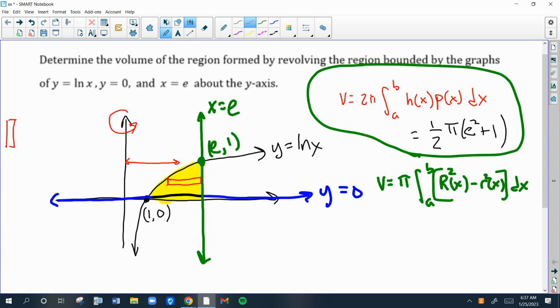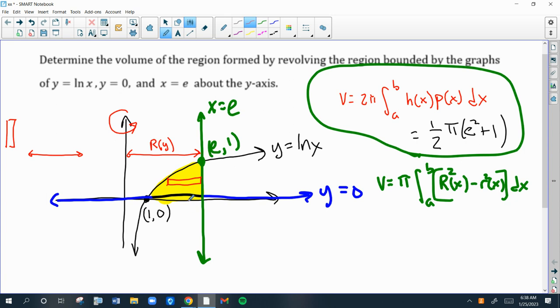And it's all about measuring. So big R would be the outside radius when you revolve this. So that's going to be this length right here, big R of... Now, this is not R of x, technically. It's R of y, because when a rectangle is like this, it's going up and down the y-axis.